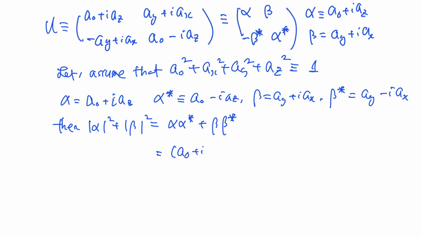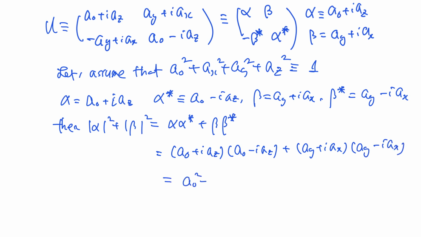A0 plus iAZ times A0 minus iAZ, plus AY plus iAX times AY minus iAX. That is A0 squared plus AZ squared, right? Plus AY squared plus AX squared, which is equal to 1, right? Because we have defined it in the following way.